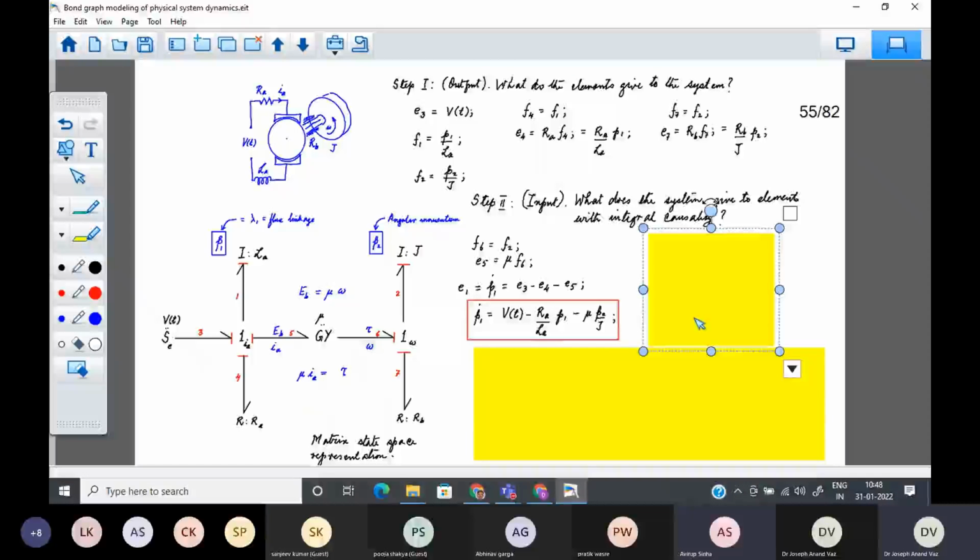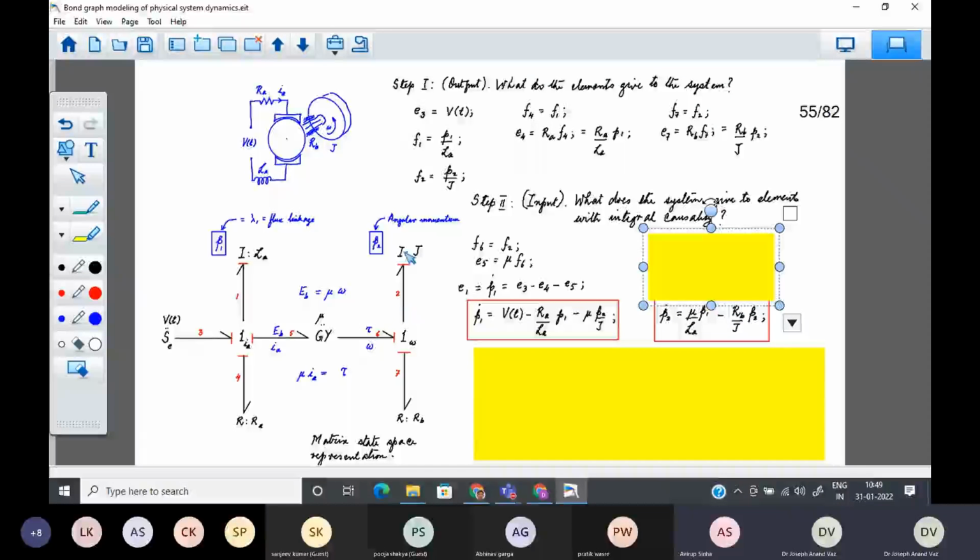Now we ask the question to this I element. What does the system give to this I element? Effort or flow?